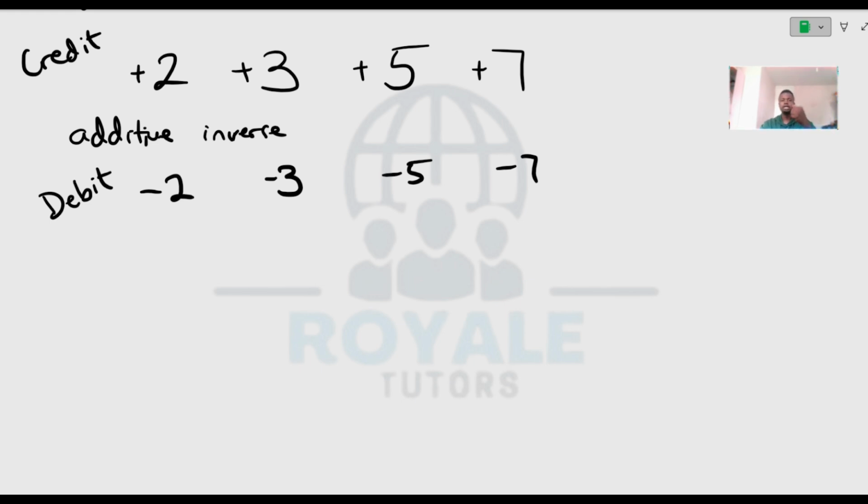That is money coming into you. That is positive. Then if you spend, maybe you take out of it to buy an ice lolly, chocolate, or a bottle, you have debited yourself. You've taken out of the money. That is negative. So when I say credit, I mean positive numbers, and when I say debit, I mean negative numbers.